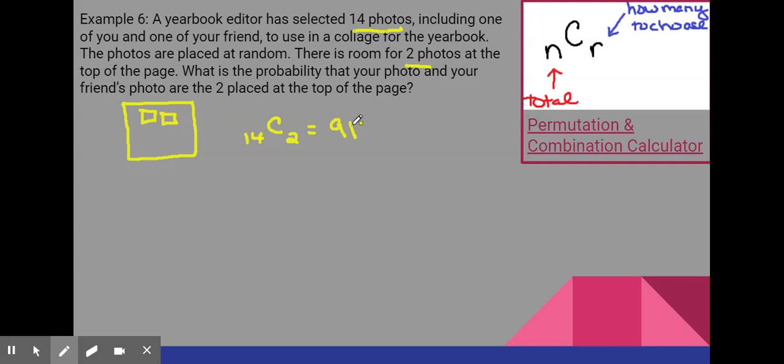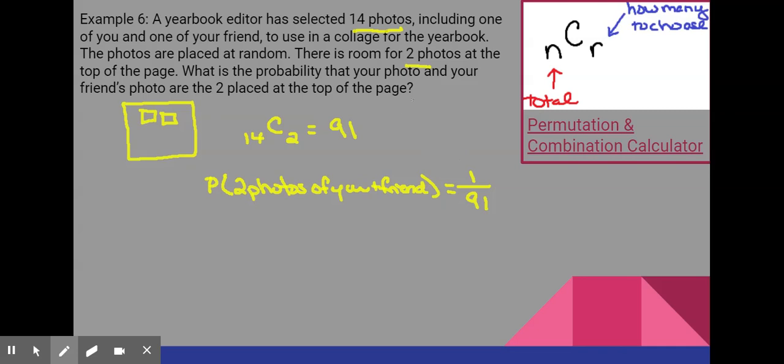So with the 91 combinations, there's only one way I want it, and I want it using the 2 pictures of me and my friend at the top. So the probability of 2 photos of you and your friend is 1 out of the 91 ways that you can do this.